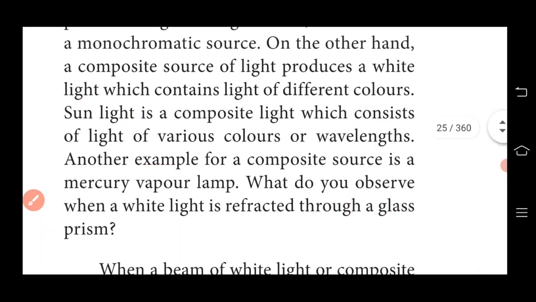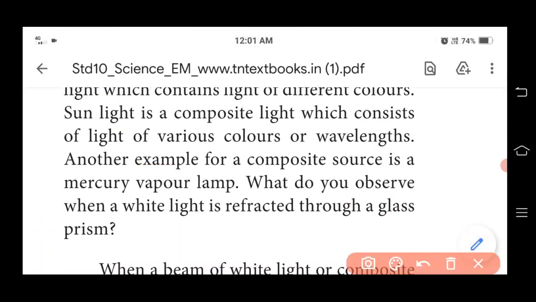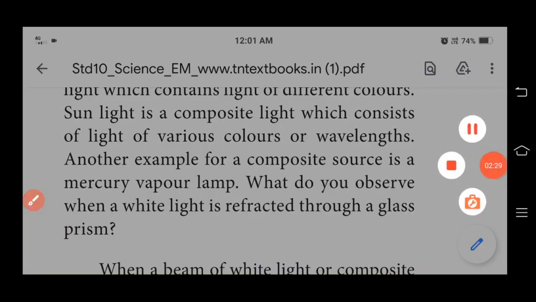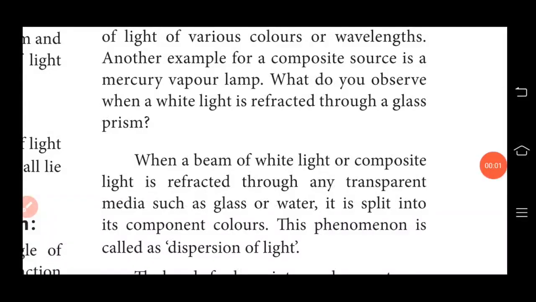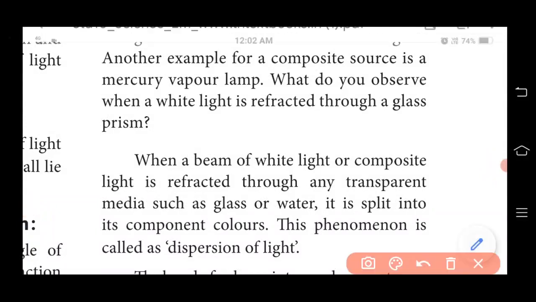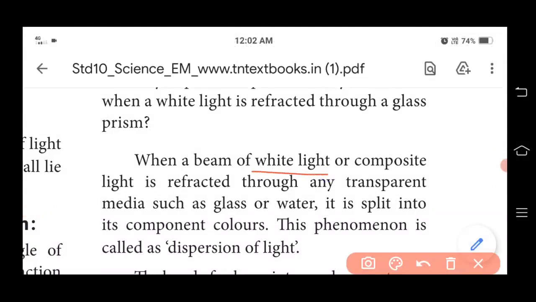So, what do you observe when white light is refracted through a glass prism? Students, when a beam of white light or composite light is refracted through any transparent media such as glass or water, it is split into its component colors.